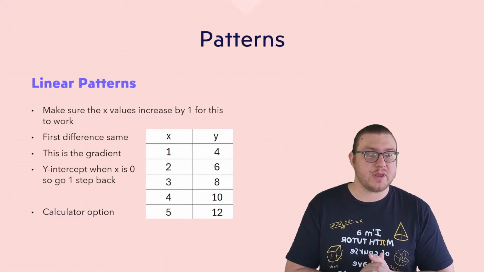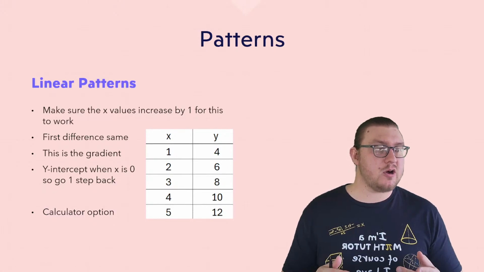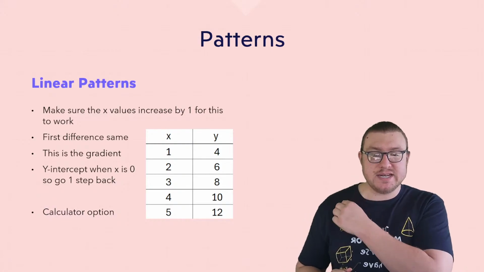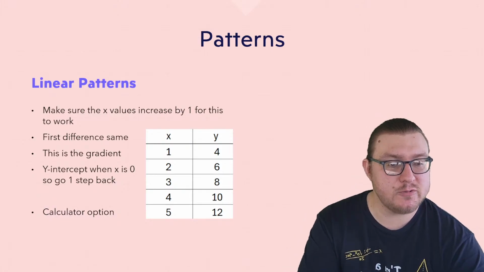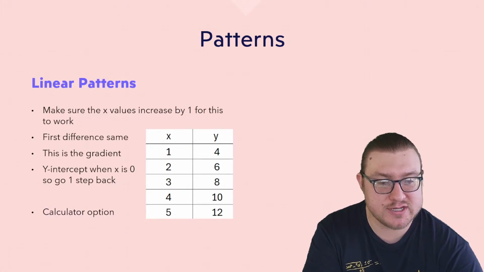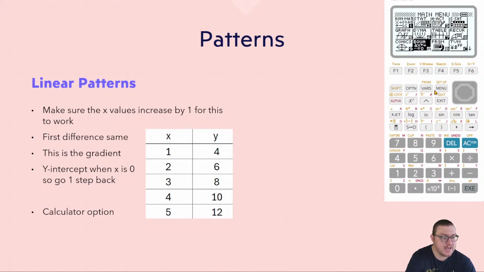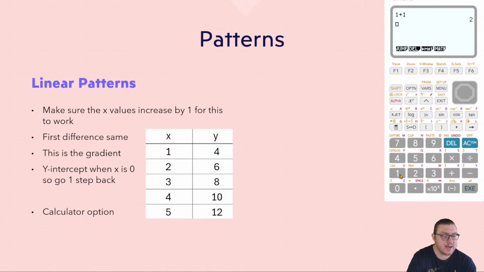Okay, so now let's quickly have a look at how we do this in the calculator. Remember, we just need to identify that this is a straight line, and we do that by checking that it increases by 2 each time. So now we go into menu. If we press menu and go back to 1, this is our normal calculator, right?